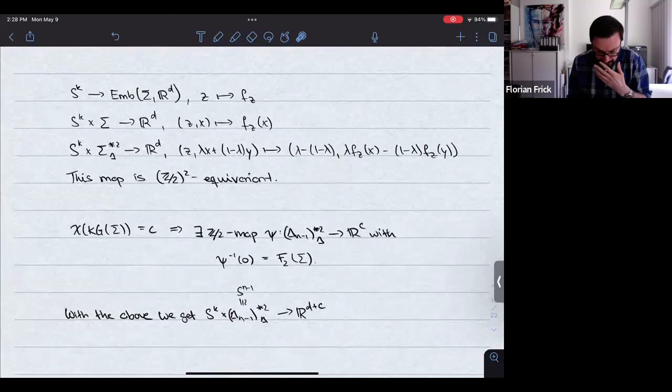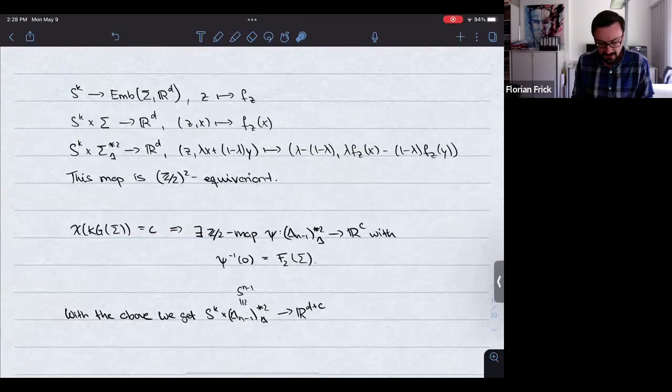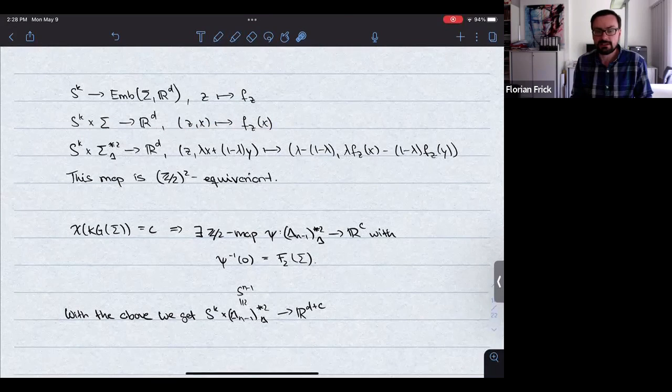And then what you do is, if someone gives you a Z mod 2 equivariant sphere in the space of embeddings, you just either curry or uncurry, I'm not sure what it's called, this map to say, aha, this is a map from S^k times the space I'm mapping from, just defined in this way. Right? Just by plugging into this map.